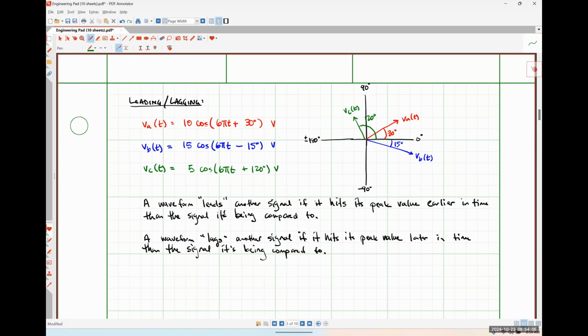So I've drawn my phase diagram. Now, here are the rules for using a phase diagram. If we want to measure lagging, we go clockwise. And if we want to measure leading, we go counterclockwise. So let me write that down.